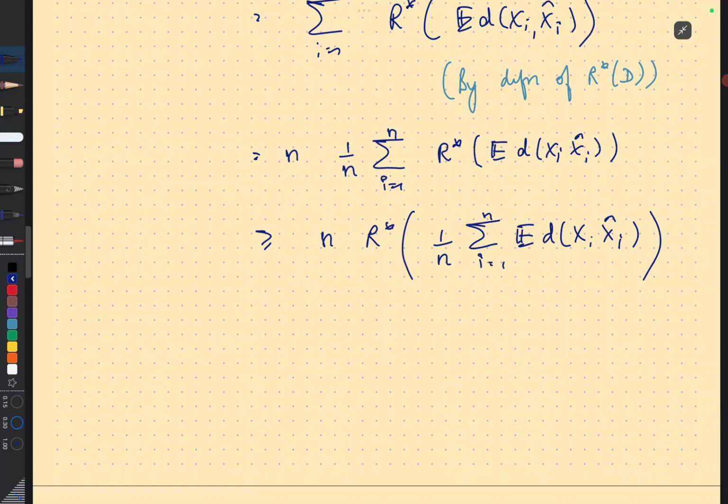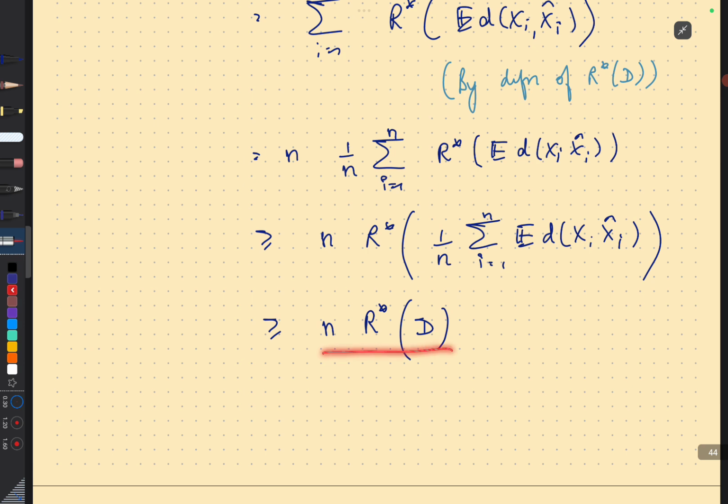Right? But what did we want? We wanted the average distortion to be less than or equal to capital D. That's our goal. Right? So this is greater than or equal to n times R star of D, because this quantity can only be less than or equal to D, and the rate distortion function is a non-increasing function of the argument.